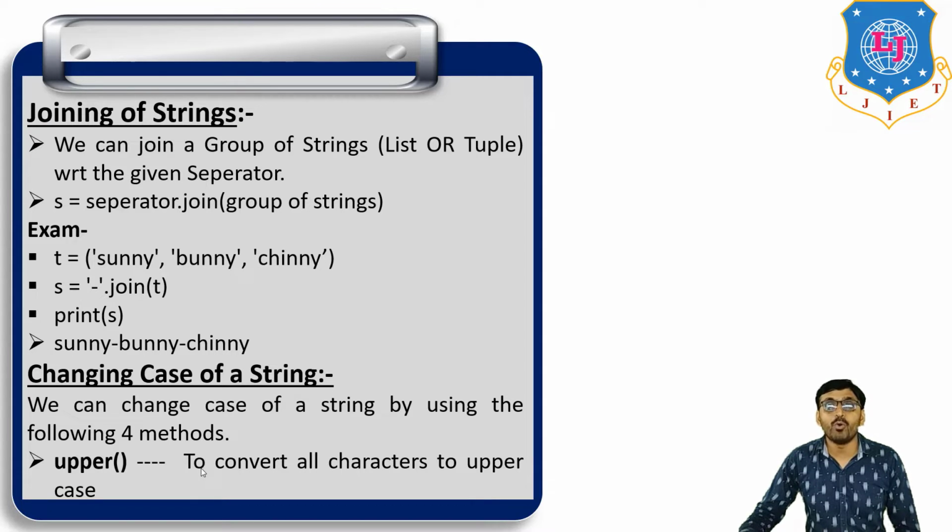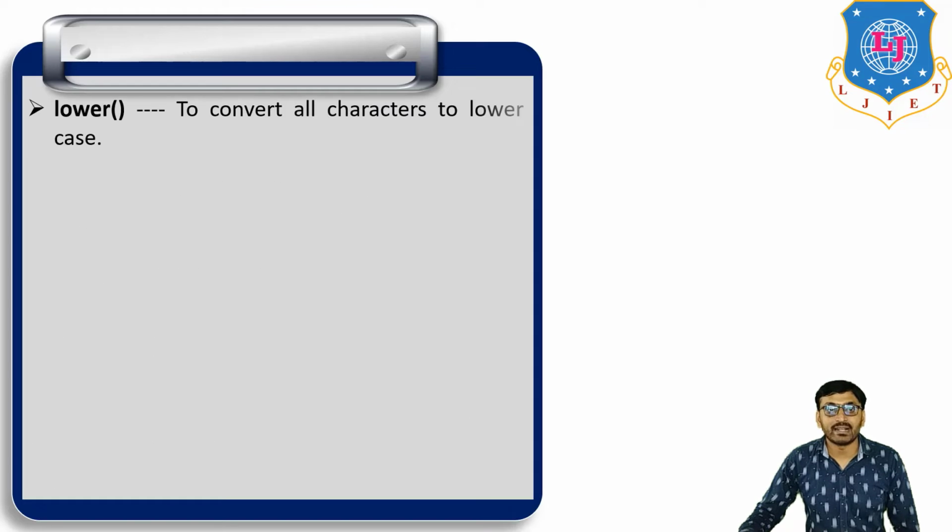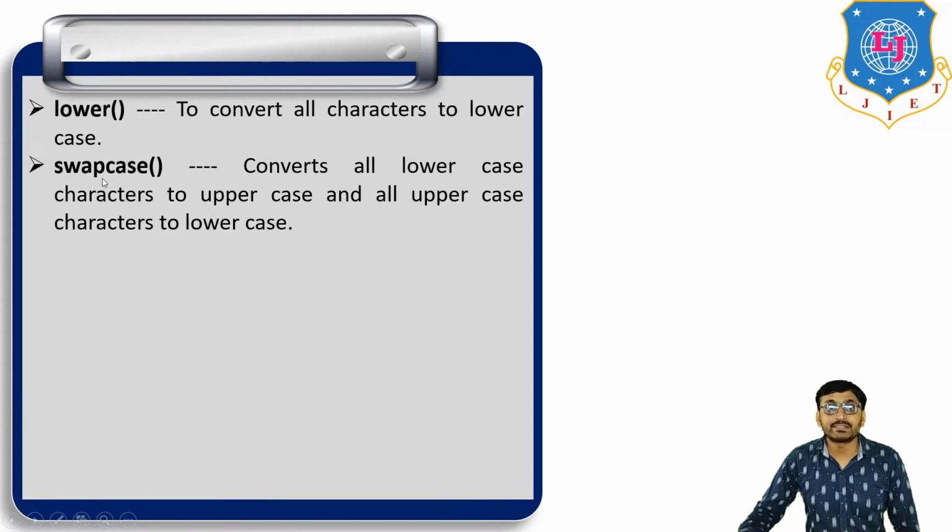Then second, the lower method converts all characters to lowercase. Third, swapcase converts all lowercase characters to uppercase and all uppercase to lowercase. That is the swapcase method.